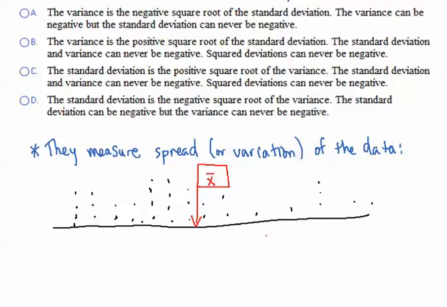So you got to kind of think about that, because typically our earlier problems are taking students' ages or students' heights, and those are all positive measures. But could you have a bunch of degrees like over on the East Coast right now where they're all negative? Sure, they could all be negative. Some could be a little warmer, maybe -3 degrees, and then some could be really cold, like -25 degrees.